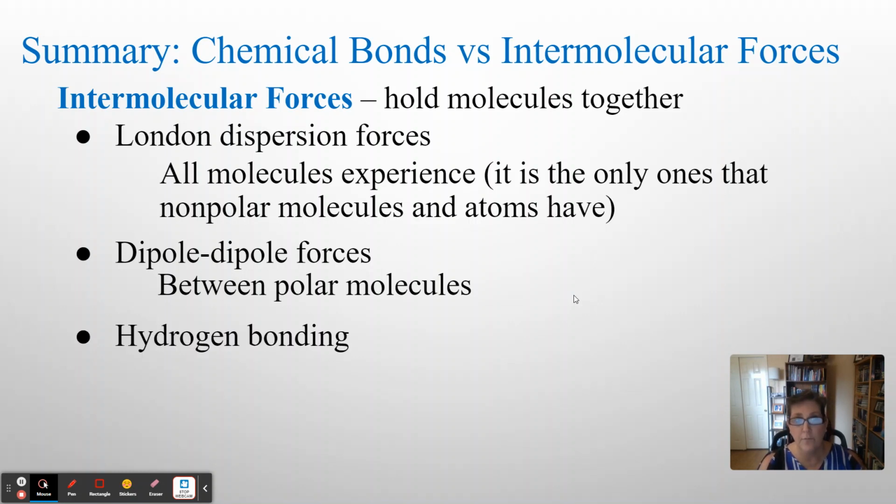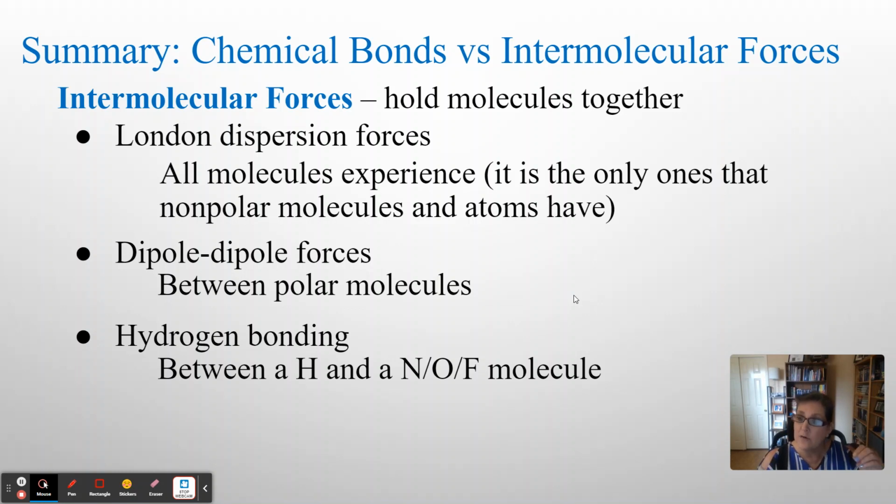Hydrogen bonding force is between a hydrogen of one molecule and an N or O or F atom on a different molecule. Again, the hydrogen's a little bit positive, the N or O or F is a little bit negative, and opposites attract. So you have to have an H-N or H-O or H-F bond within a molecule to do this.